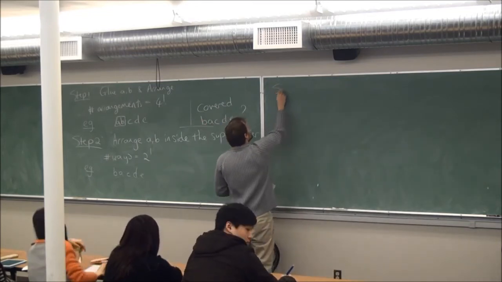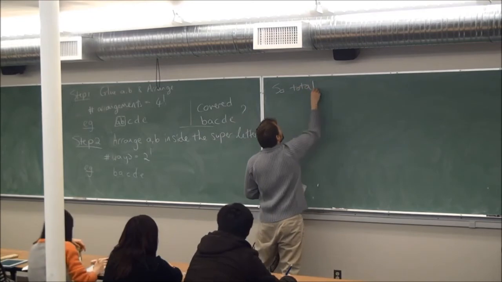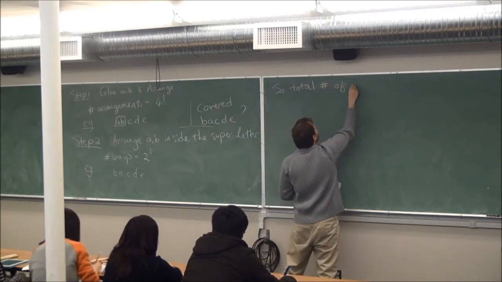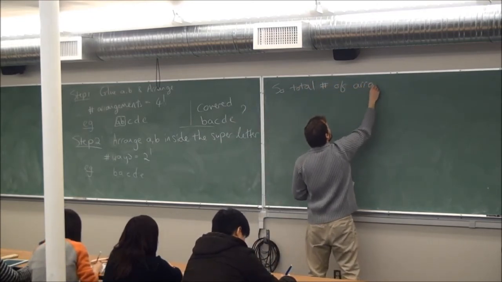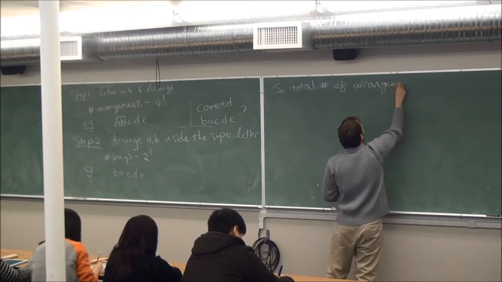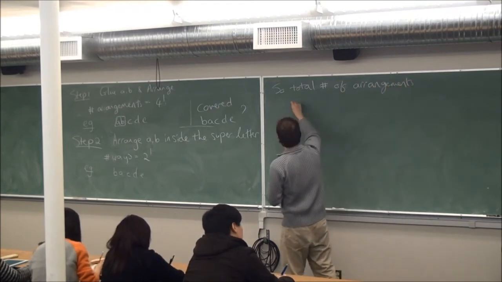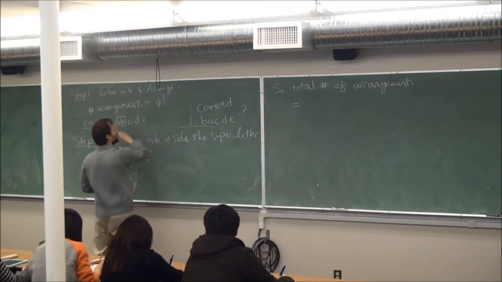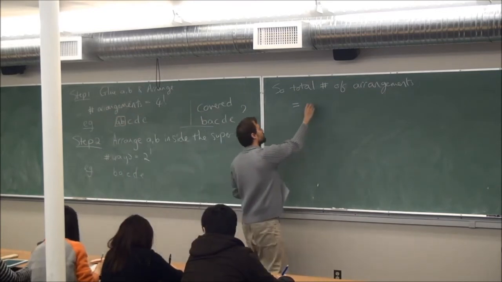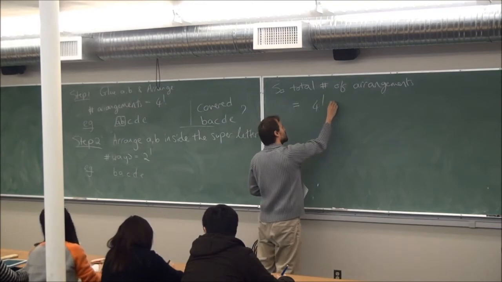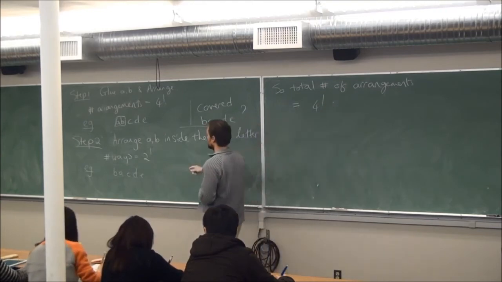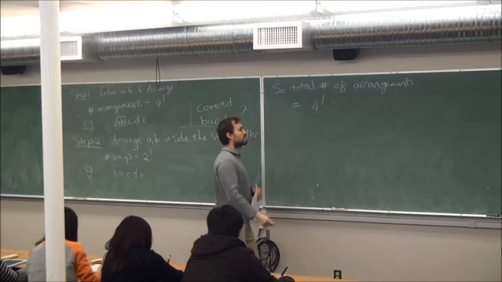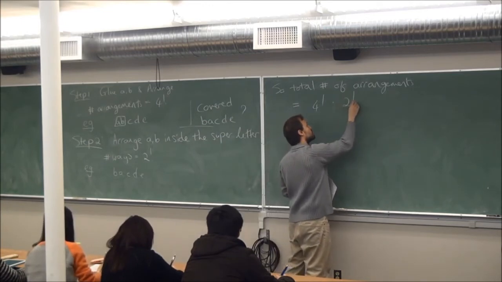So the total number of arrangements with this restriction that they have, well, I completed my experiment by doing step 1 in 4 factorial ways, and then I followed that by step 2, which can be completed in 2 factorial ways.